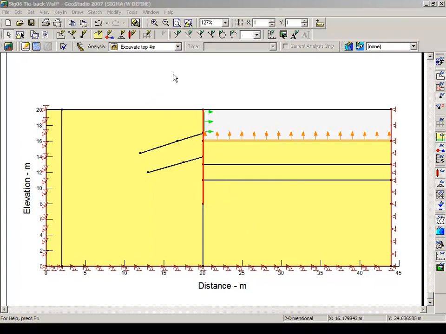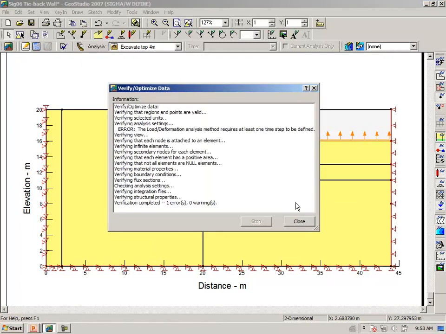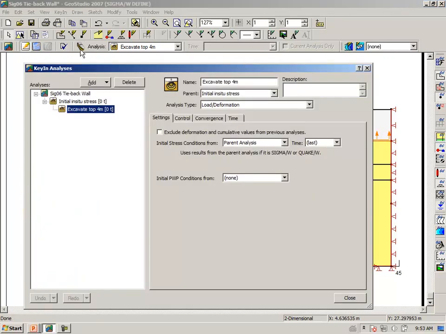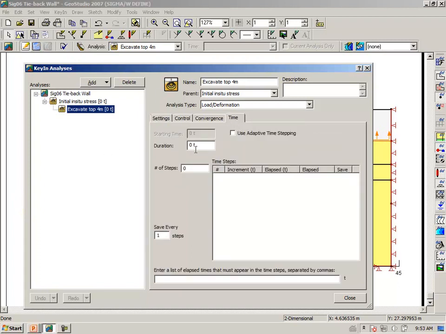So we have installed the sheet pile wall and have simulated the excavation and the removal of the first meter of soil. And once again, we are doing a load deformation analysis. In this particular case, time is not meaningful, but nonetheless, we do use time to control the time stepping. And notice that we have a T here, because the units for time are undefined.